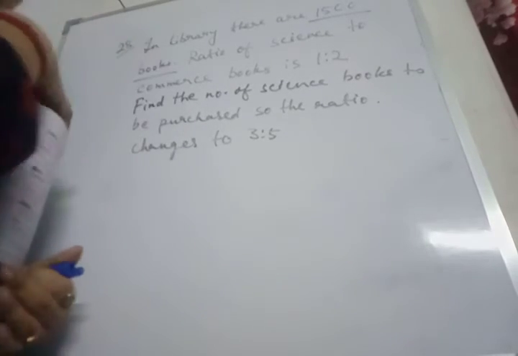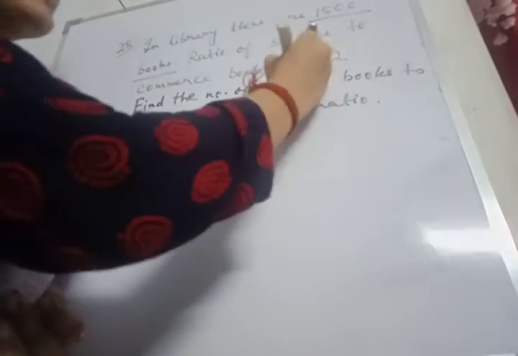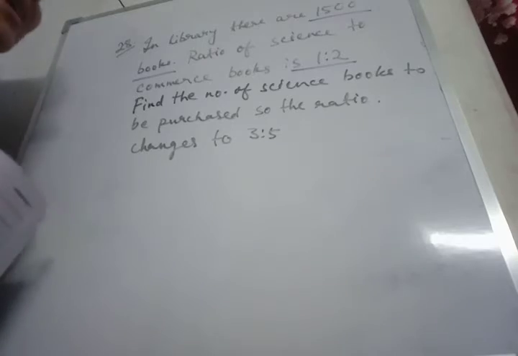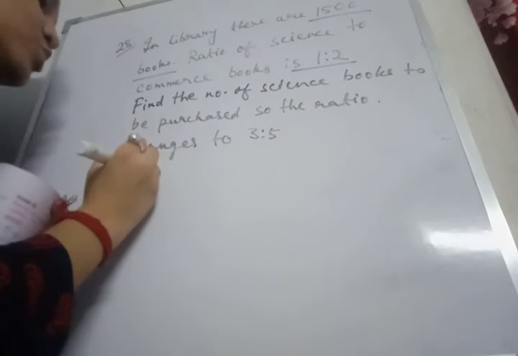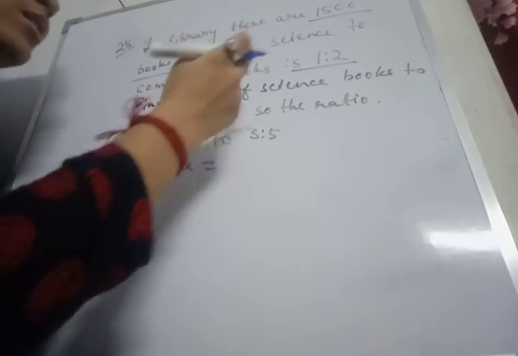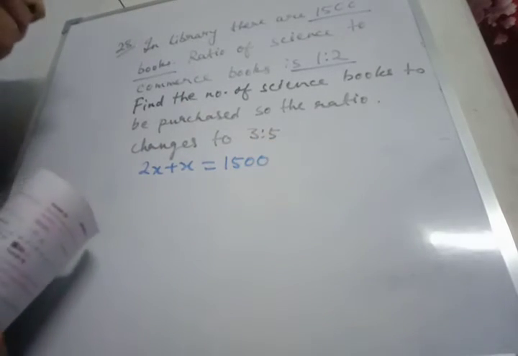Now here I have total 1500 books. Out of the total 1500 books, my ratio of science and commerce book is 1 is to 2. Right? So first of all we'll take the common unit as x. So I can write the science book is 1x and commerce book is 2x. So x plus 2x equals 1500, which is the total number of books in the library.